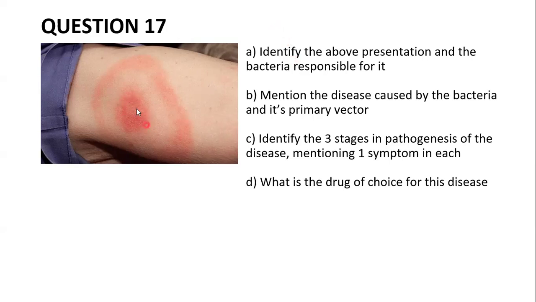Now, this is called target rash. Okay. As you can see, it looks like a target. You can also call it bullseye appearance. Okay. What bacteria is responsible for this?